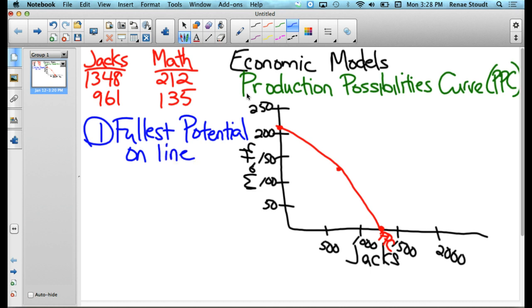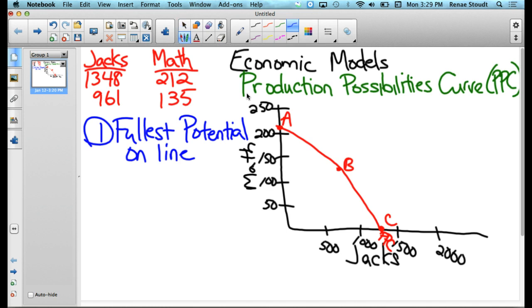So anywhere on this red line, we could say is our fullest potential, because we were working as hard as we could. There's no way to get a single math fact or jumping jack out of you. So it doesn't matter if I'm talking about here, here, or here, they're all your fullest potential.